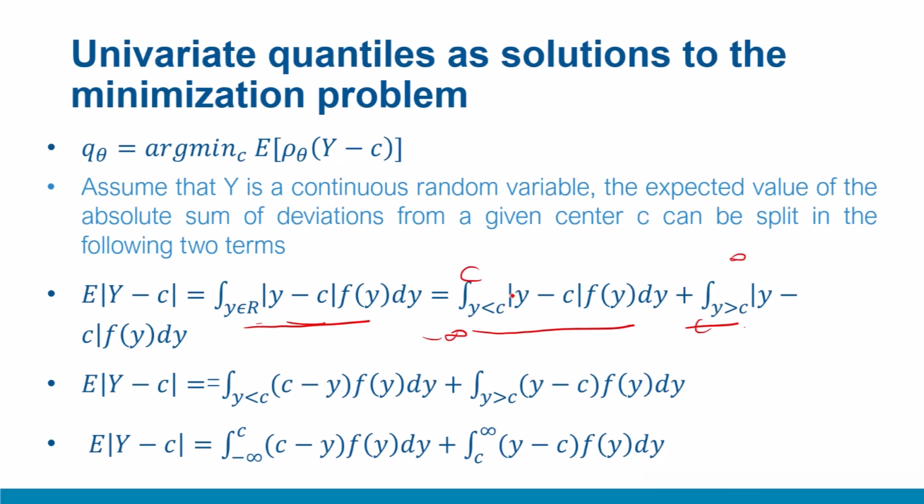Now we can open the mod and make this function easily differentiable. From minus infinity to c, we can open this mod by writing c minus y, and here y minus c. So now we have two differentiable functions. We'll look at them piece by piece. We'll first solve this one and then apply the same logic to work out the solution for the second term.